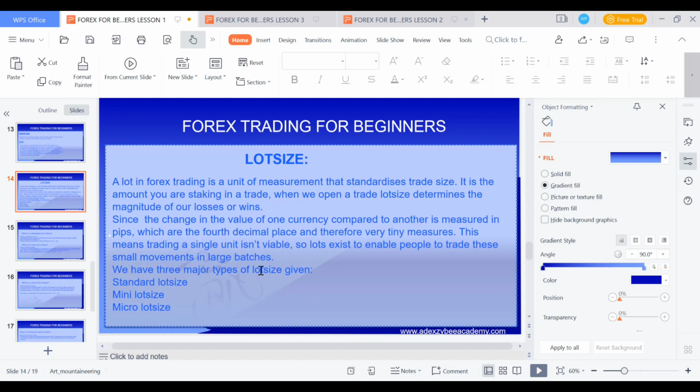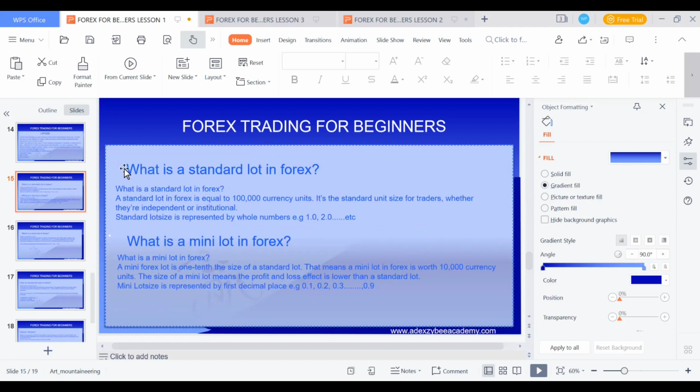We have three major types of lot size. We have standard lot size, mini lot size, and micro lot size. Let's see what these lot sizes are. What's the standard lot size in Forex? A standard lot size in Forex equals 100,000 currency units.